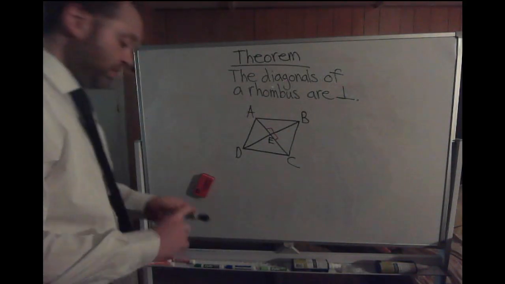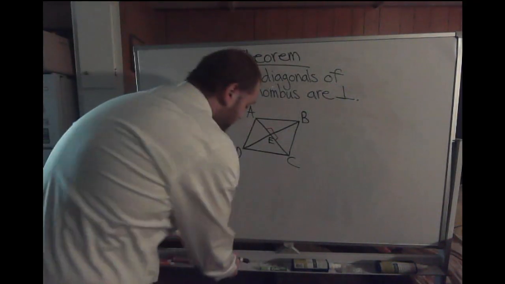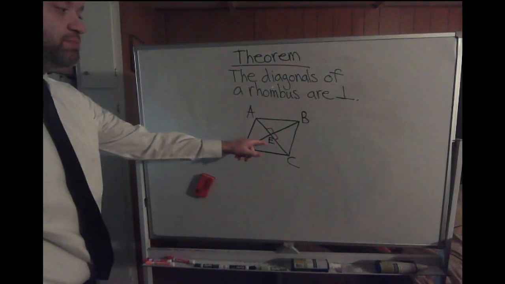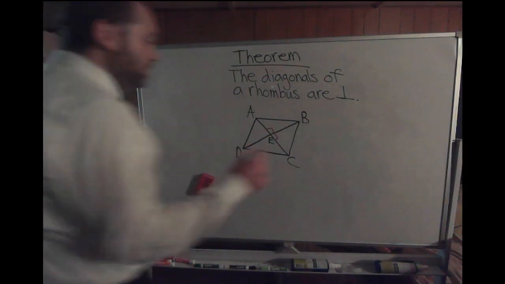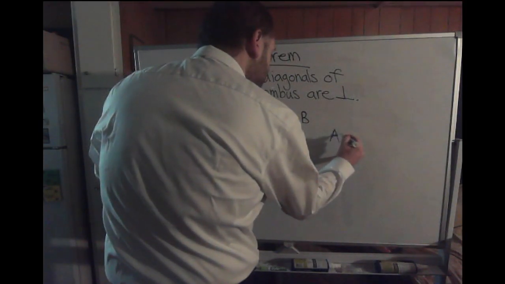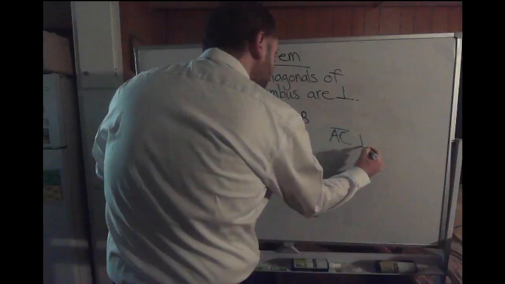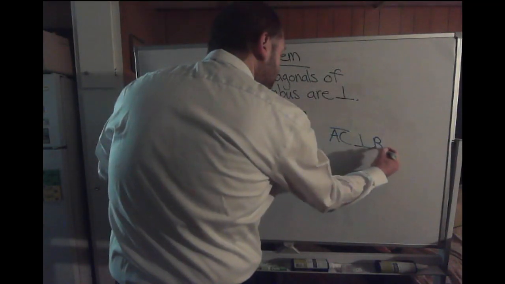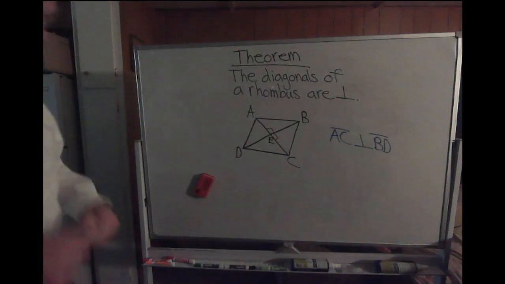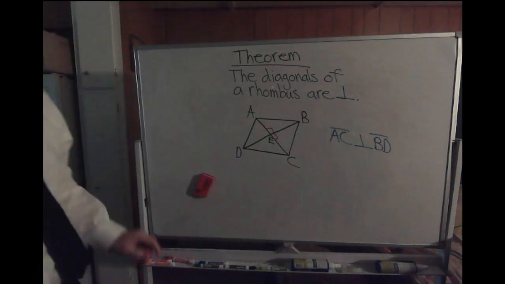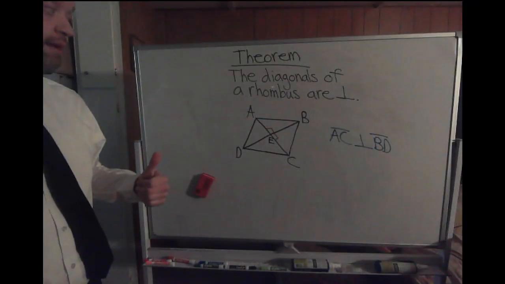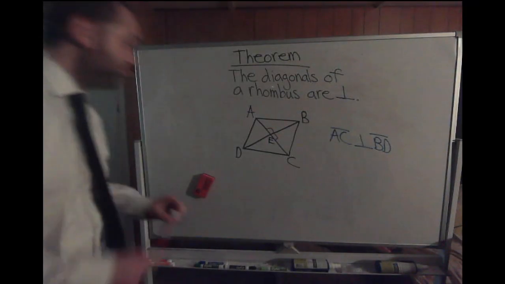So what can we say then? We have rhombus ABCD where the diagonals meet at point E. That means that AC is perpendicular to BD. So the diagonals of this rhombus are perpendicular to each other. What else is true about the diagonals of a rhombus? Like a parallelogram, they bisect each other.